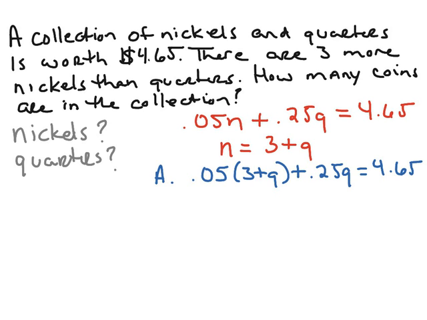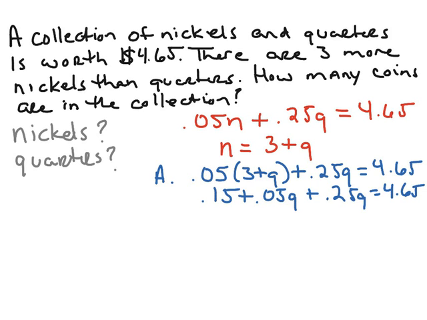Here we go. We're going to use the distributive property to get started. We start by multiplying 0.05 times 3, which is 0.15. Then I'm going to multiply 0.05 times Q, which is 0.05 Q. Bring down the plus 0.25 Q equals 4.65.